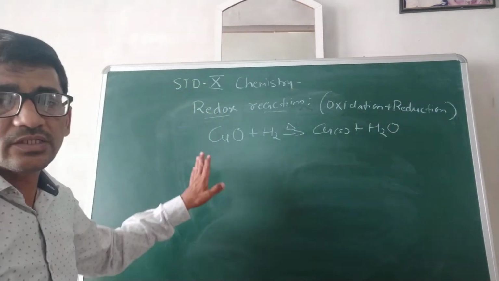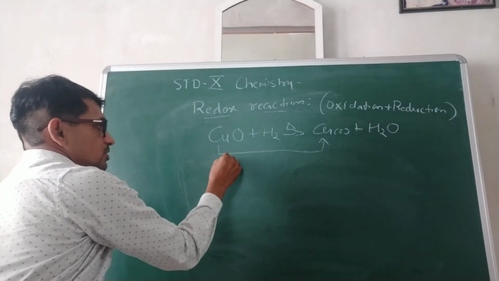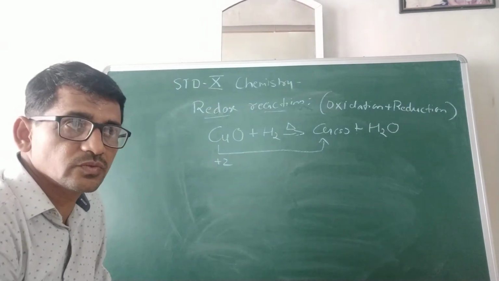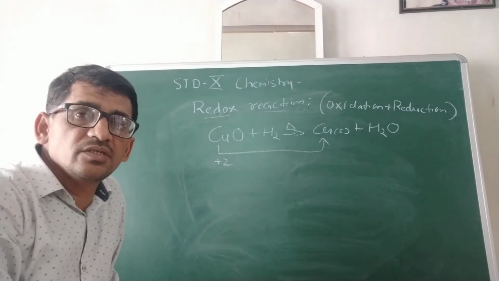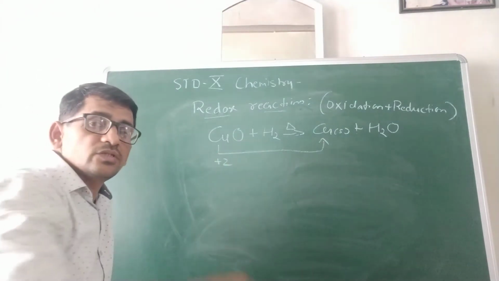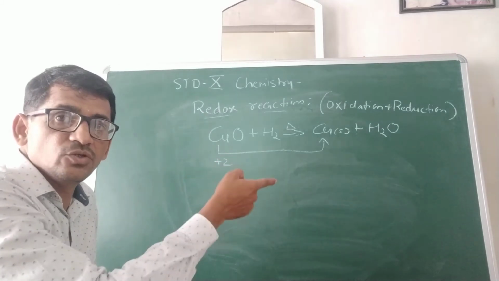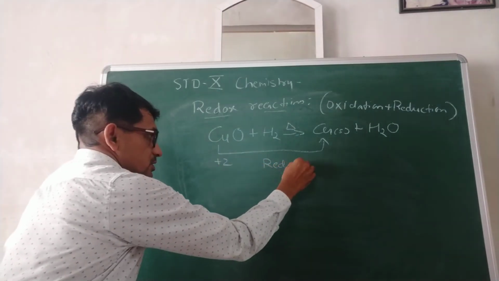In this reaction, the valency of copper in copper oxide is +2, a higher valence. And when it is converted into copper solid, its valency is 0. So oxidation number decreases, or the plus charge is reduced to 0. So electron is added. So this type of reaction is known as a reduction reaction.